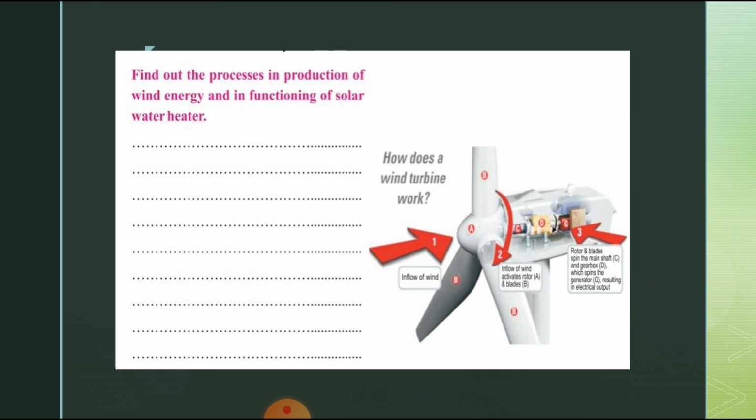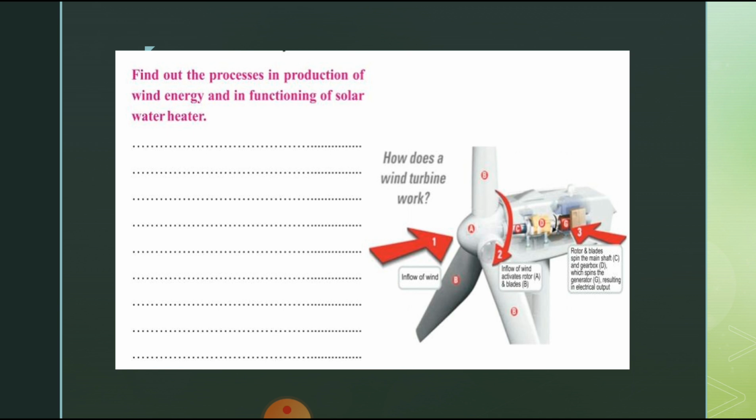Force of wind pushes against the turbine blades. All the blades you can see, when there is a force of wind, it pushes against the turbine blades, and the turbine blades rotate, with the wind pushing on them. This rotation creates mechanical energy.